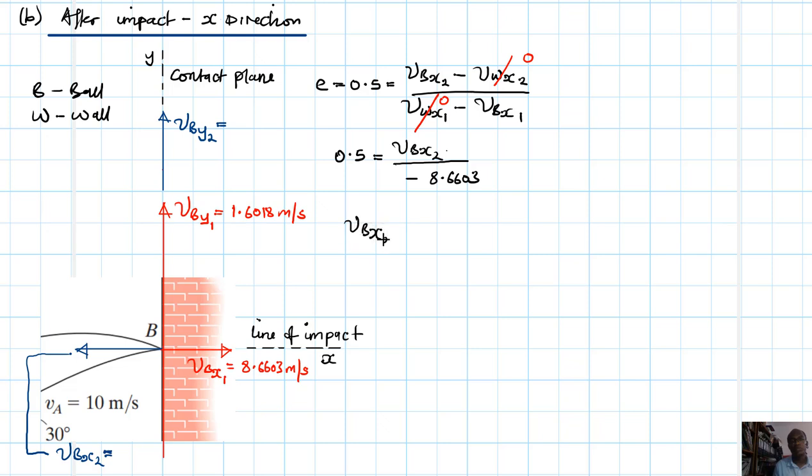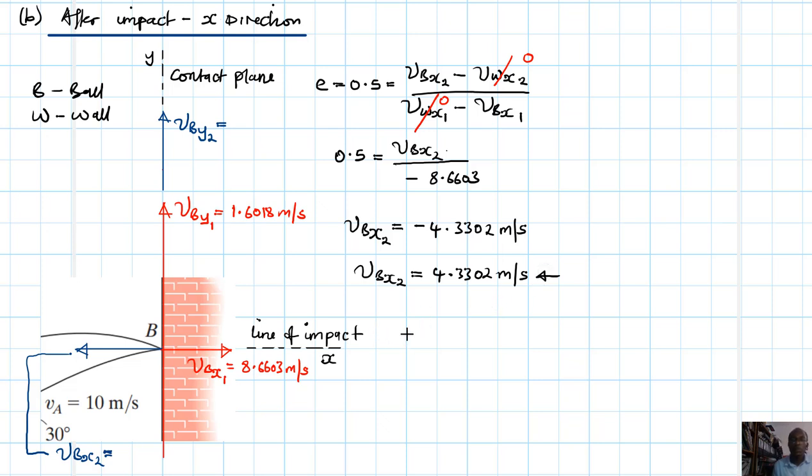Therefore, our V_BX2 is just going to be equal to 0.5 by 8.6603, and this gives us minus 4.3302 meters per second. So our V_BX2, you can write it as just 4.3302 meters per second, and it's going in this direction.